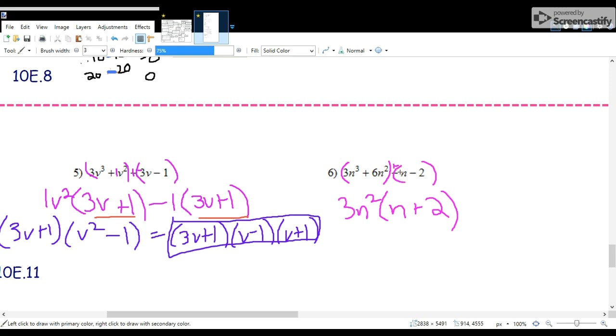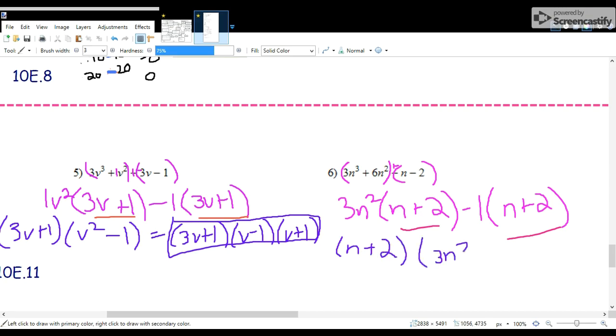The greatest common factor of 1 and 2 is just 1. They're both negative, so we're going to factor out a negative 1. And they both do not share a variable, so we just leave it as n plus 2. Again, the n plus 2's are exactly the same, so we're going to factor them out. So n plus 2, 3n squared minus 1. Now 3 is not a perfect square, so we could go ahead and just leave it like this.